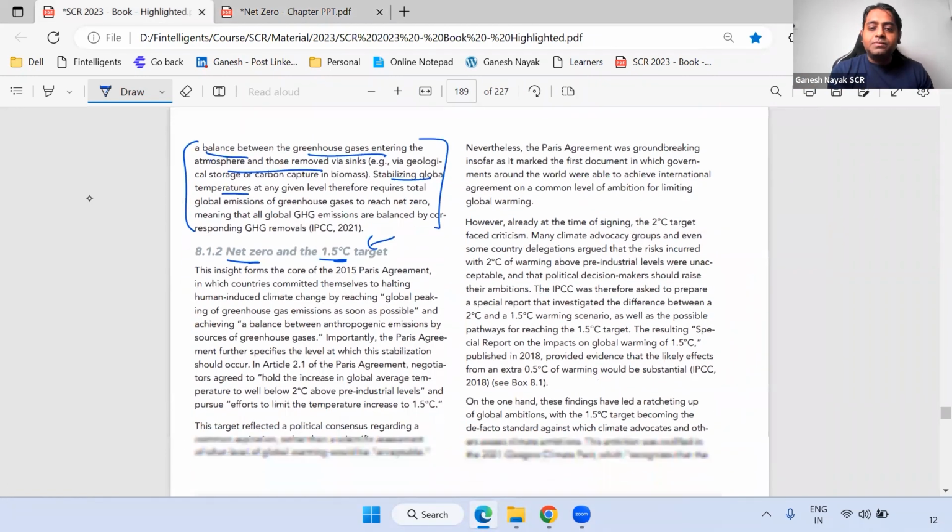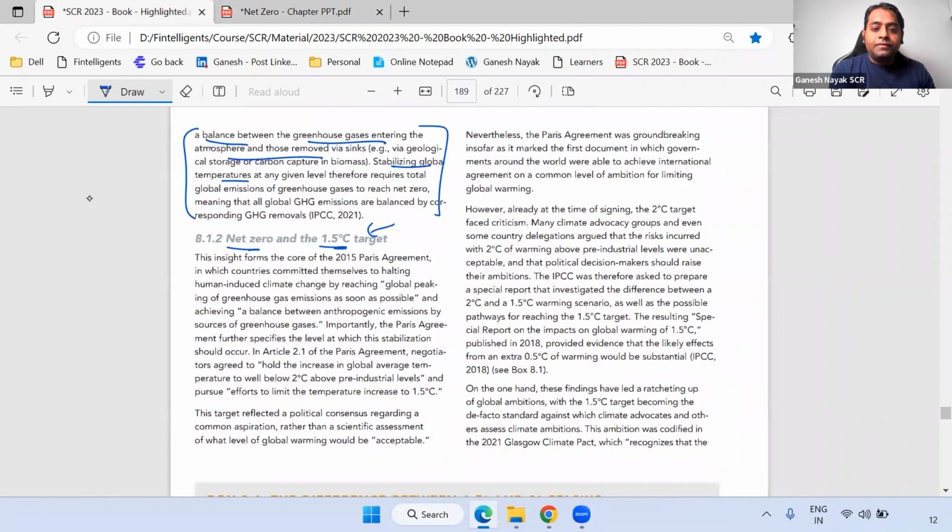So if I go towards this book section, okay, they were talking about a balance between the anthropogenic emission by sources and removal of greenhouse gases. Okay, the Paris Agreement held the increase, the same point, to 2 degree Celsius and 1.5 degree. So the Paris Agreement discussion is given over here. Okay, and the target that we talked about, 1.5 degree, got a lot of political consensus rather than a scientific assessment being done.